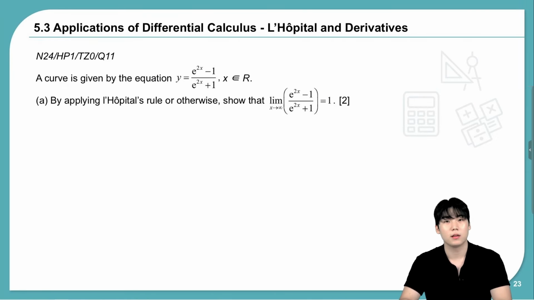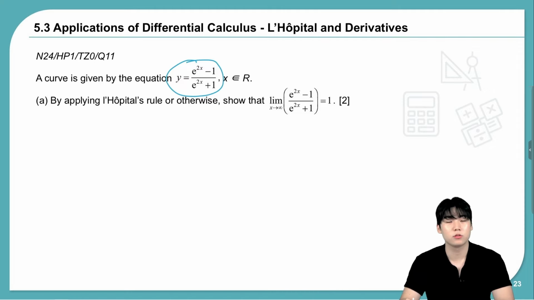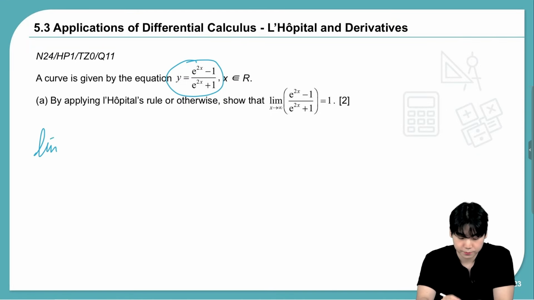Question 11, another differentiation question. A curve given by y is equal to blah, blah, blah. We have to apply L'Hopital's rule to show that the limit blah, blah, blah is equal to 1. So let's try to find the limit of y when x tends to infinity. We have e^2x minus 1 over e^2x plus 1.